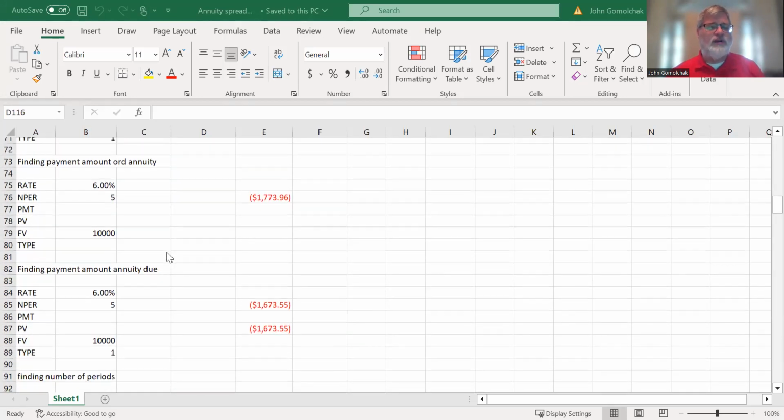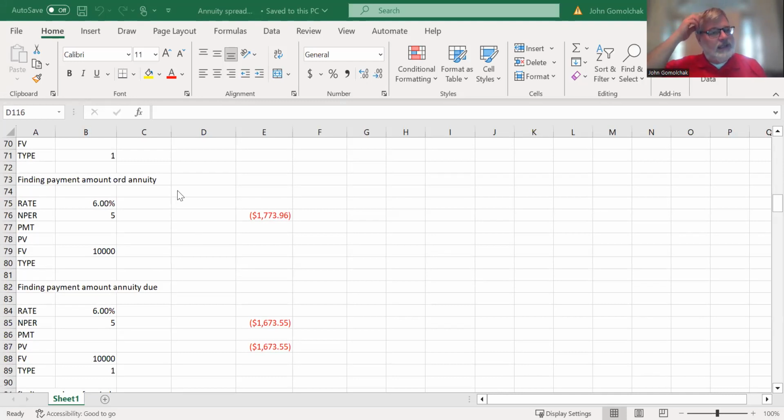Okay, so that's what we are right here, finding the payment amount of an ordinary annuity. All right, so over here we have it. I always like to set up my little chart here. So the rate 6%, number of periods 5. Our future value is $10,000.